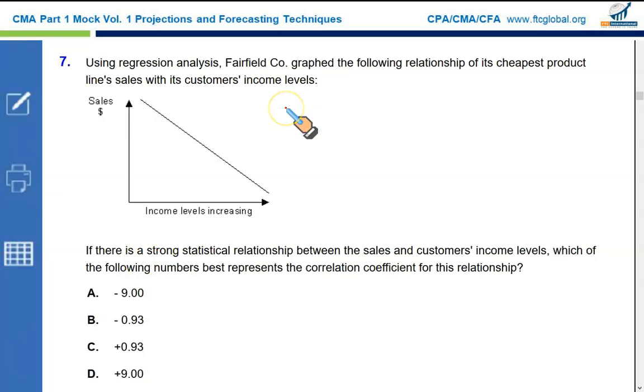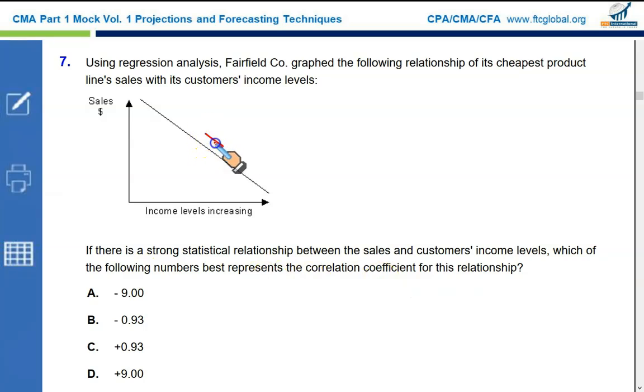Next, using the analysis, Fairfield company graphed the following relationship of its cheapest product line sales with its customers' income level. If there is a strong statistical relationship between the sales and the customer's income level, which of the following numbers best represents the correlation coefficient for this relationship?